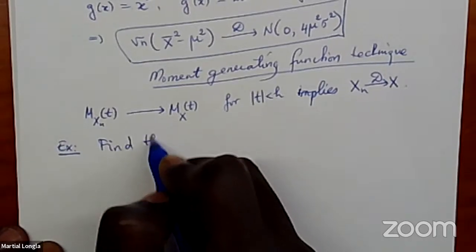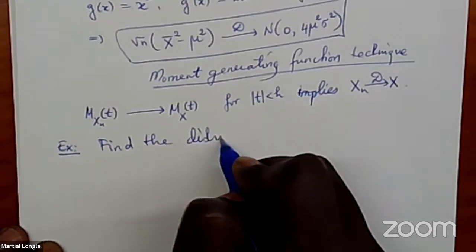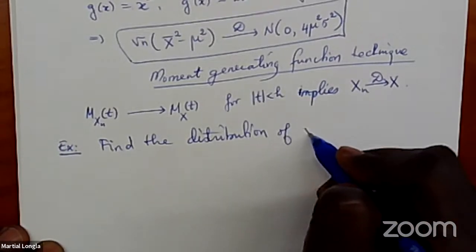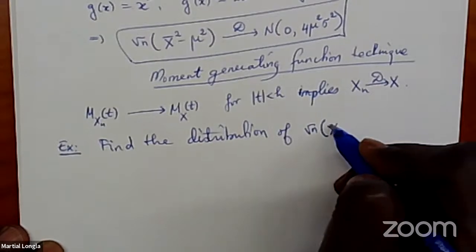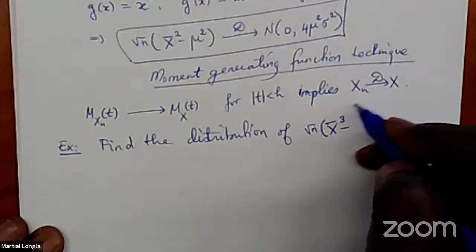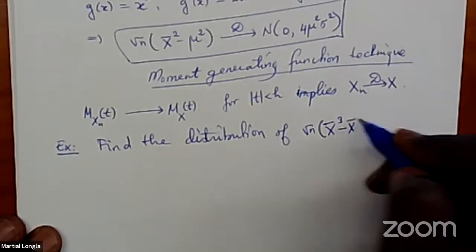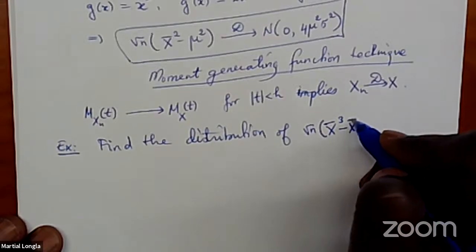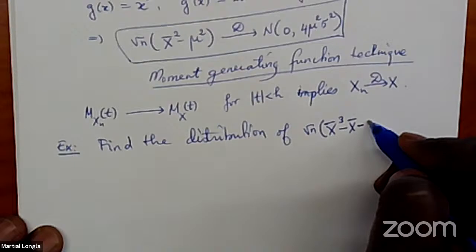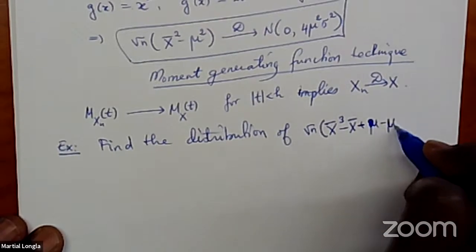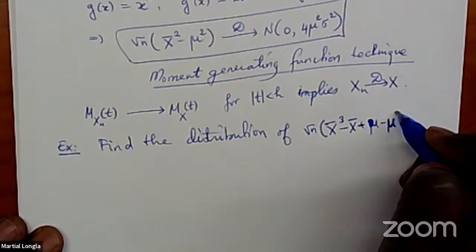Find the distribution of square root of n times x bar cubed minus x bar plus theta.